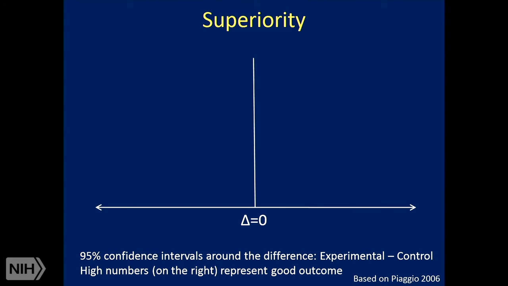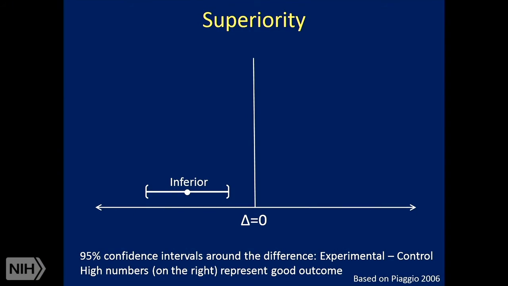Okay? So you find the confidence interval from your data, and this is the difference with the lower limit and upper limit. And the whole confidence interval does not cover the difference 0, so you claim superiority. The difference is statistically greater than 0. So you have a statistically significant result.